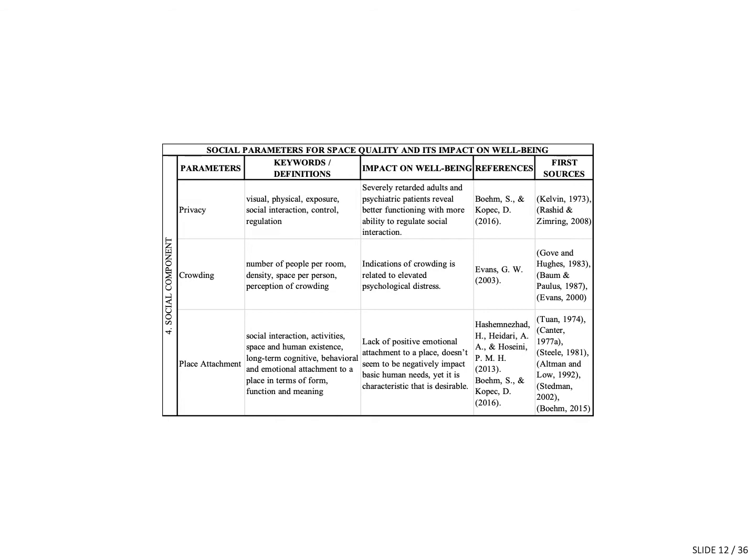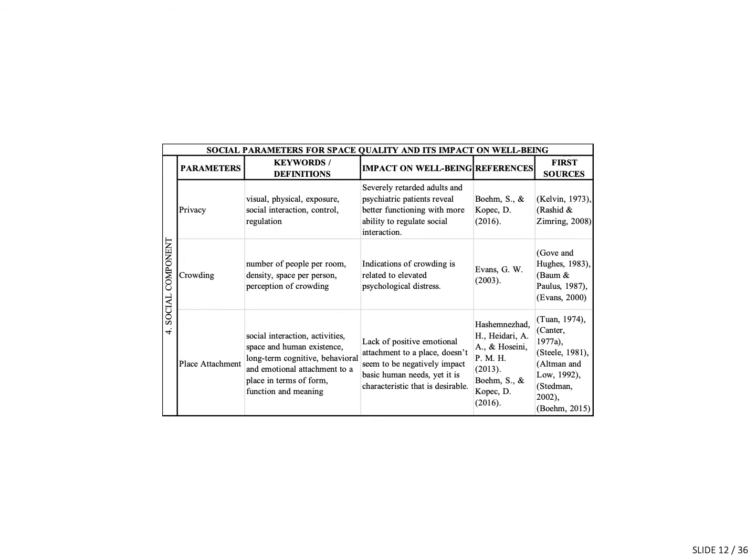In the social component, there are parameters like privacy, crowding, and place attachment. Privacy has a lot of impact on human well-being. It helps to regulate social interaction, and the ability to regulate social interaction means that the space has privacy as a major considered parameter.